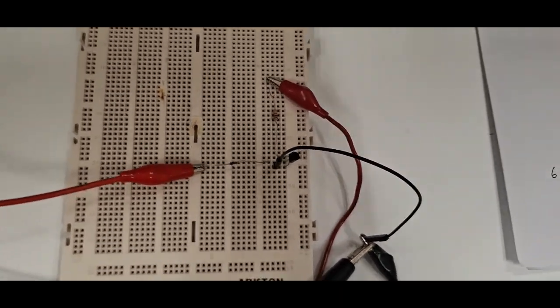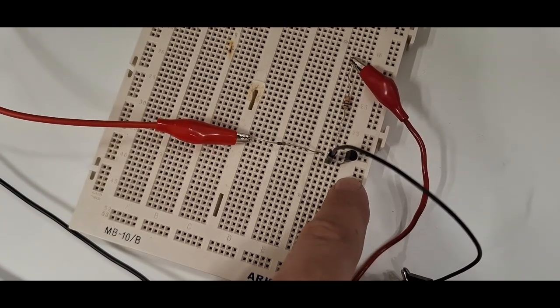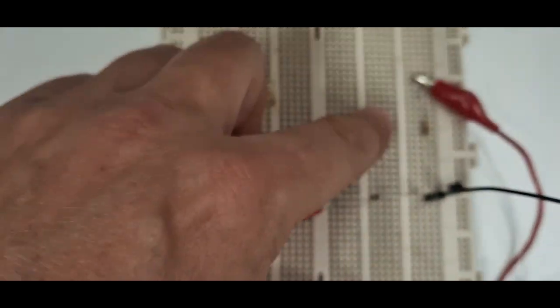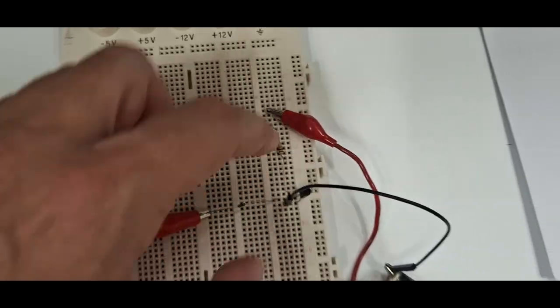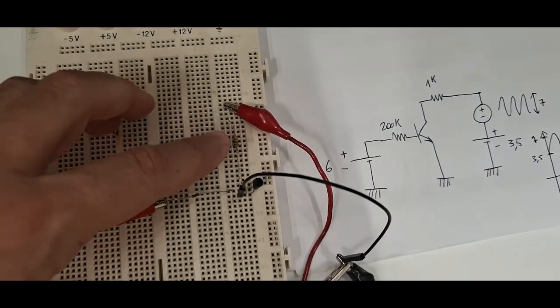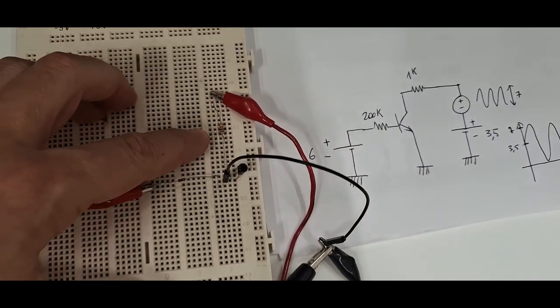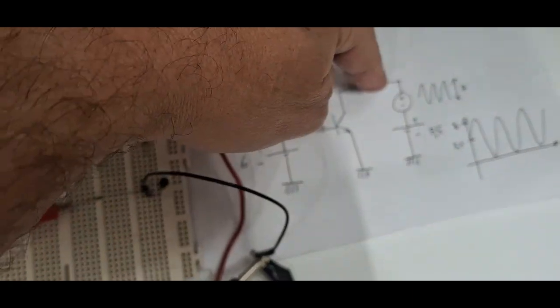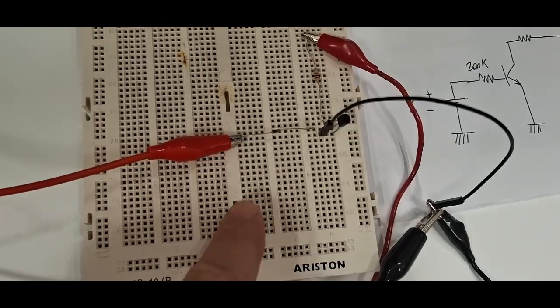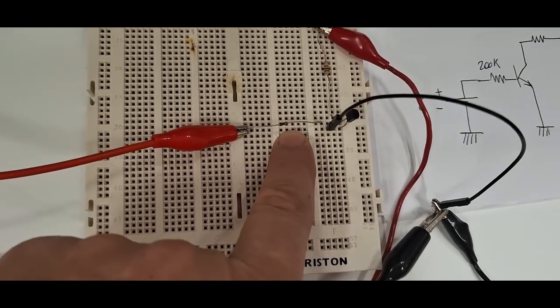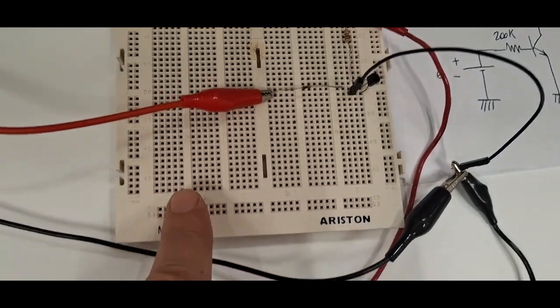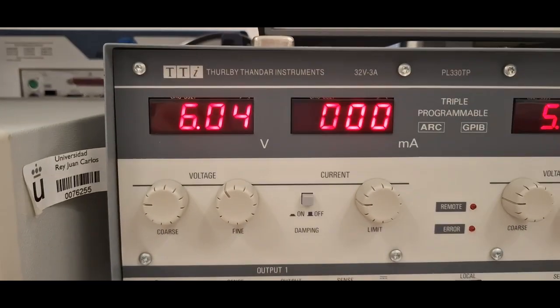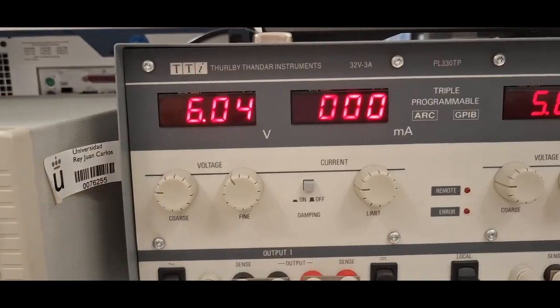We have here the BJT, the 1 kilo ohm resistor between the collector and the positive voltage of this source, and on this side we have 200 kilo ohm on the base, and this is the battery polarizing the base, this 6 volt here.